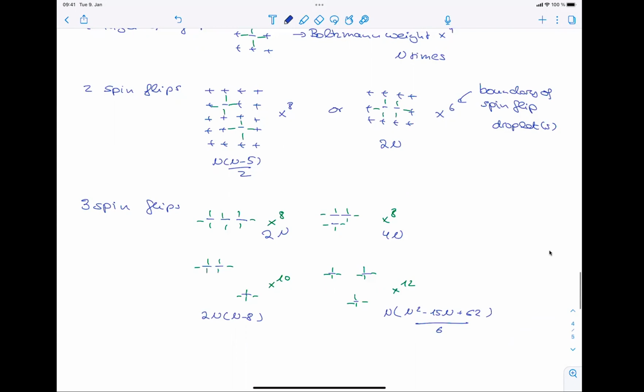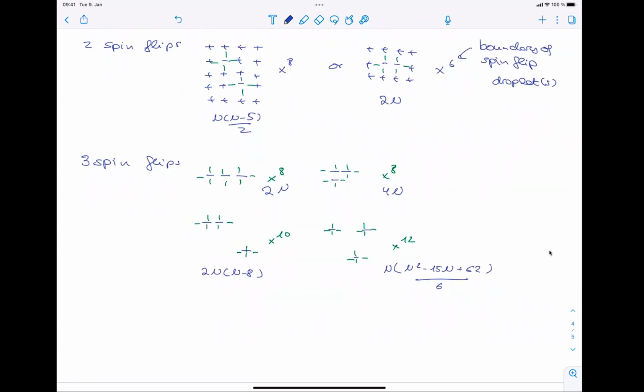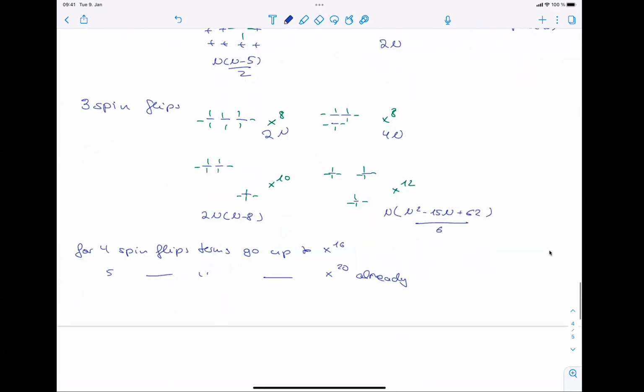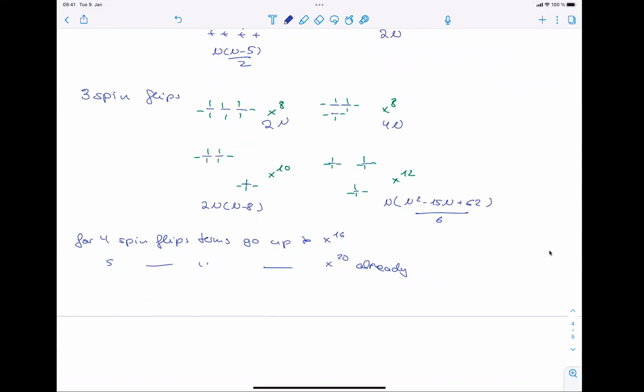But that's a check that we did everything correctly. I mean, just to mention, for 4 spin flips I get terms that go up to x to the 16th, and for 5 spin flips we even go up to x to the 20 already. So it really goes up dramatically. But let's have just a look at the higher order.